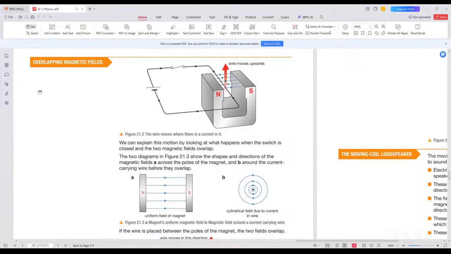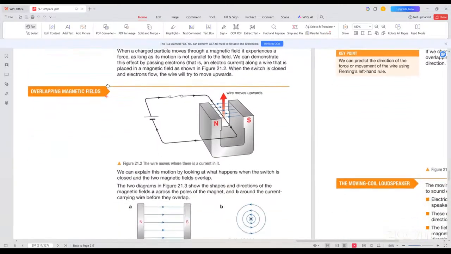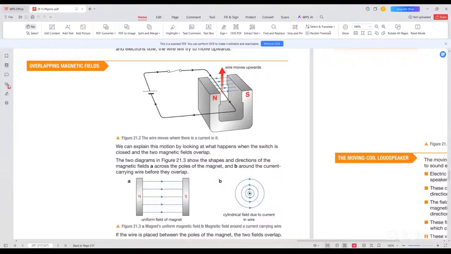Okay, so here, when it comes to electromagnetic induction, the overlapping of magnetic fields is so much important, right? Overlapping of magnetic field lines or overlapping of magnetic fields. Overlapping means it is going above another one, right? That is the simplest idea of overlapping.